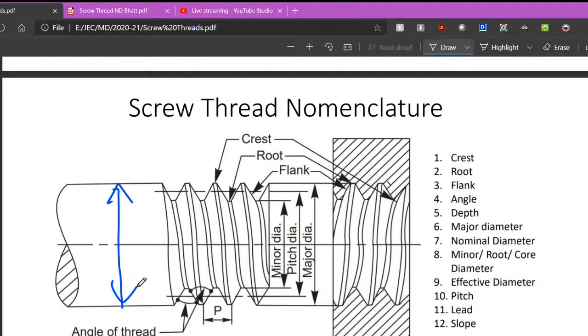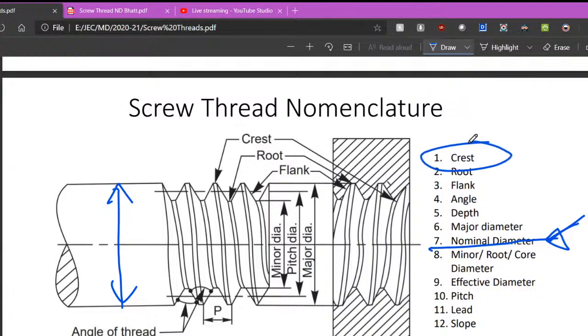Which diameter? Nominal diameter. Point number 7 here, read it. On which bar the threads are cut. Okay, point number 7, nominal diameter. See this, we have taken this bar and we are cutting the screw thread. Then what is crest?